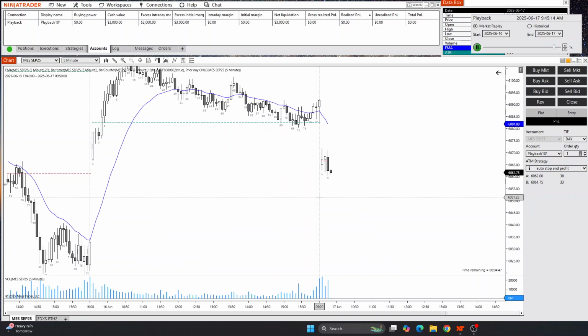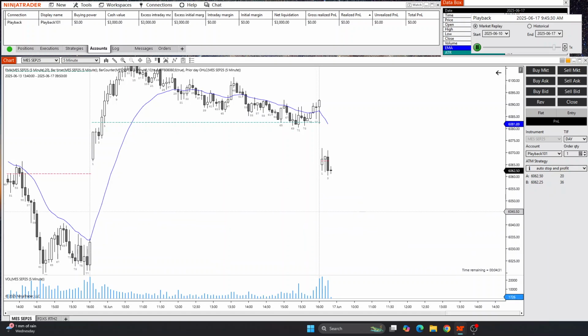We still have a range to get up to here. So let's see if we enter on a stop here. 1R is way below, so it's not worth the risk.